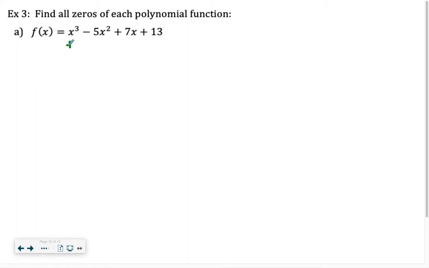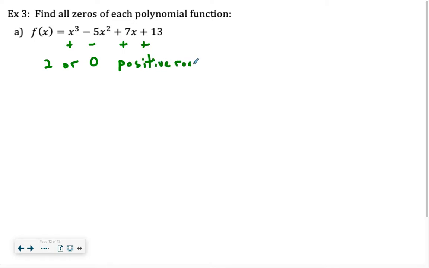So here, if we're looking at positive, negative, positive, positive, we end up seeing two variations in sign here to here. So we could have 2 or 0 positive roots.